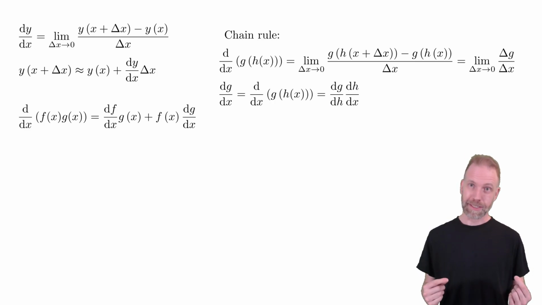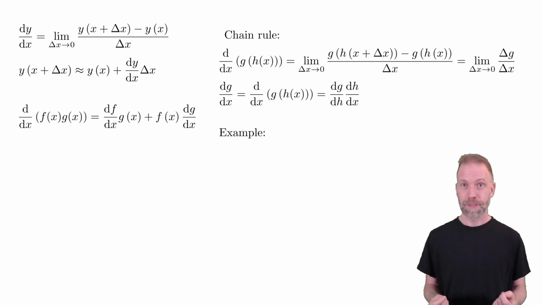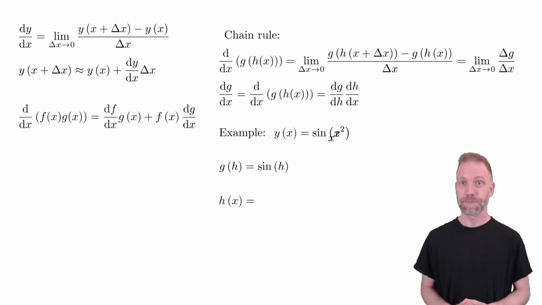To demonstrate it, let us show an example. Let y of x be sinus x squared. We can identify the outer function g of h as sinus h. The inner function h of x will be x squared. The derivative of g with respect to h is cosinus h.